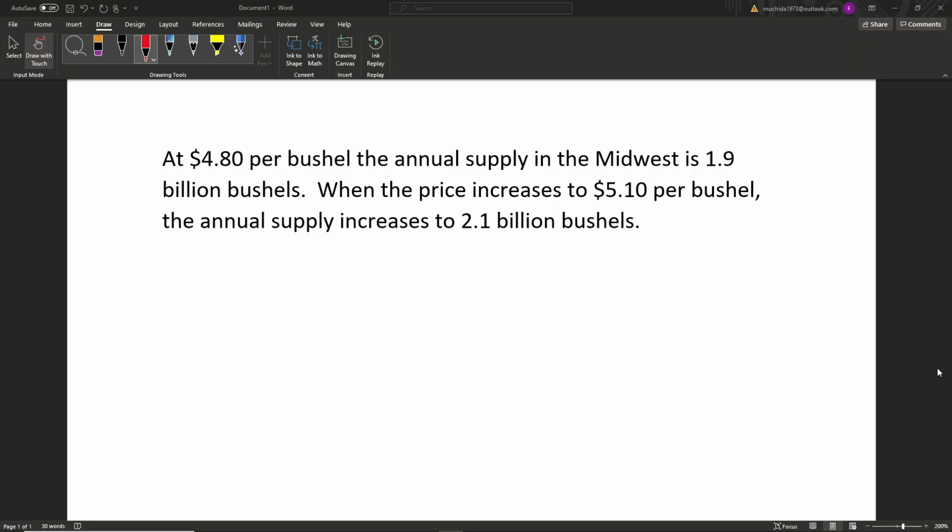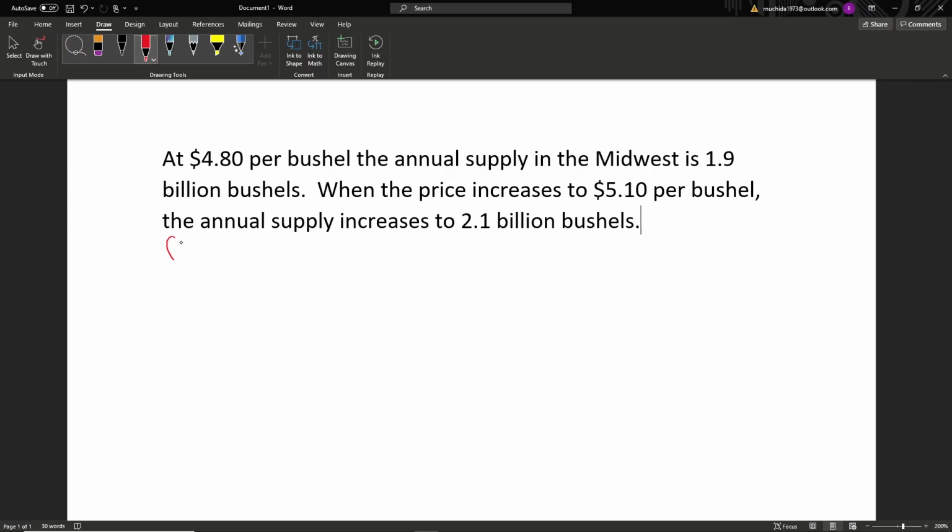To do this, for many books, when they write the points, you have two situations. When it's $4.80, the quantity is 1.9 billion bushels. When the price is $5.10, the quantity is 2.1 billion bushels.